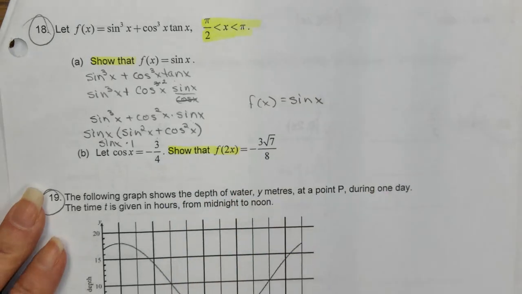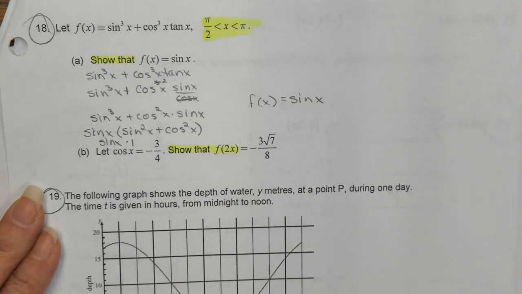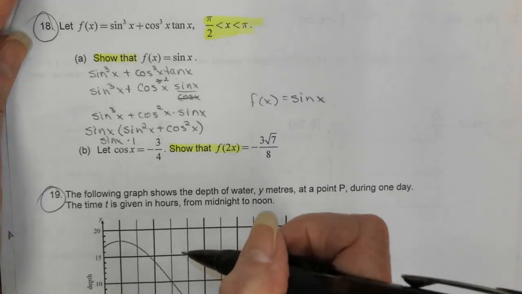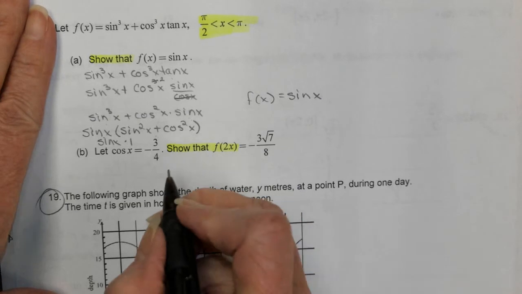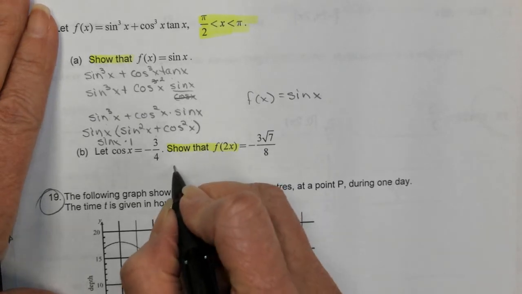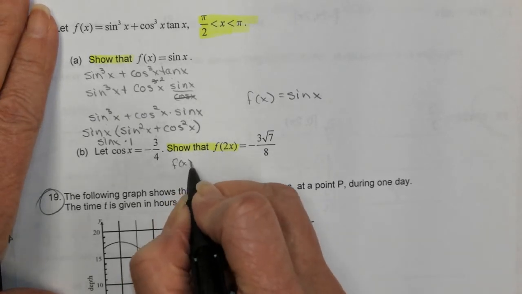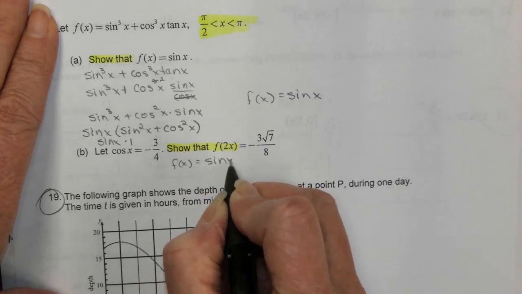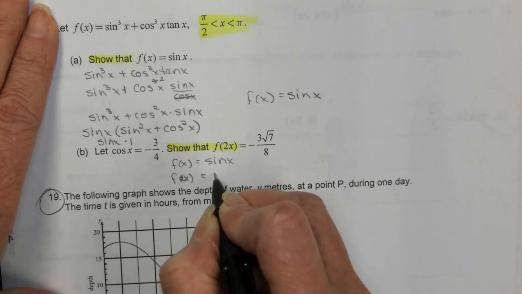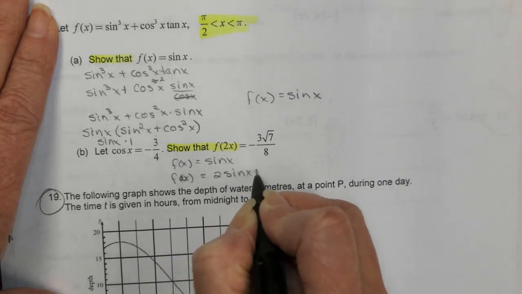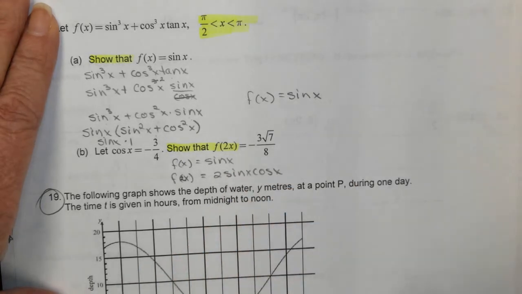Show that f of 2x is equal to negative 3 root 7 over 8. So what we have to do is remember that f of x is equal to sine x. So f of 2x is equal to 2 sine x cosine x. So we've got to put that in there.